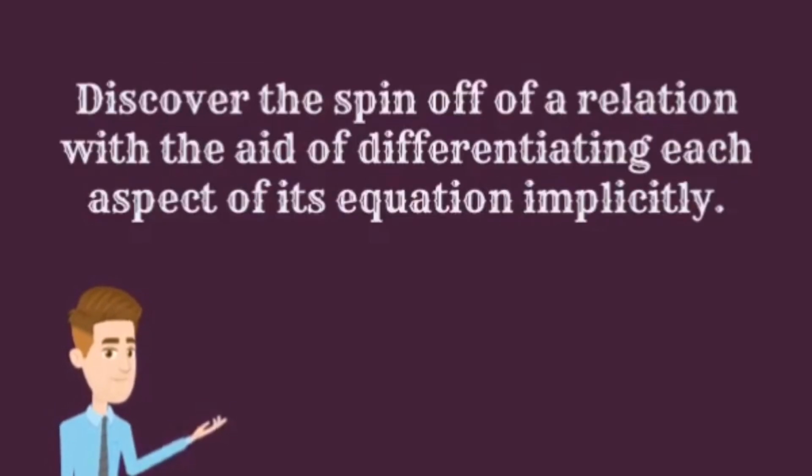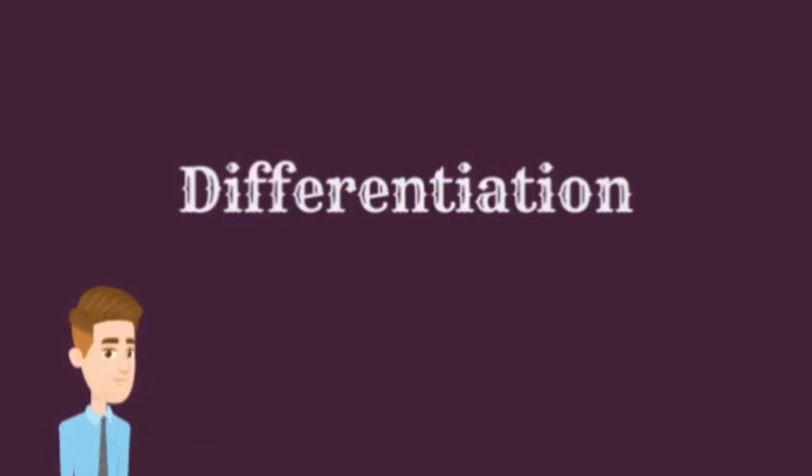So, it can discover the derivative of a relation by differentiating each side of its equation implicitly and solving for the derivative as an unknown. To sum up the whole video, differentiation has been used as a promising method to replace all the toxic and other ineffective ways to do chemotherapy.